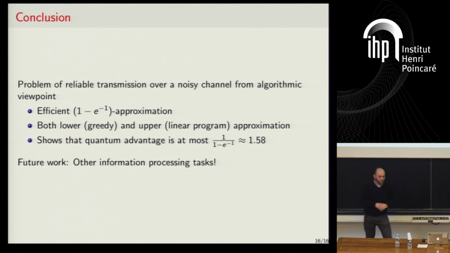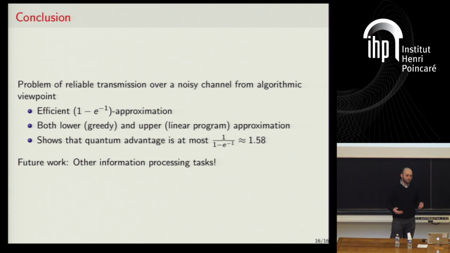Just to summarize, we looked from an algorithmic point of view at the problem of reliable transmission over a noisy channel. We saw that there is an efficient 1 minus 1 over e approximation.